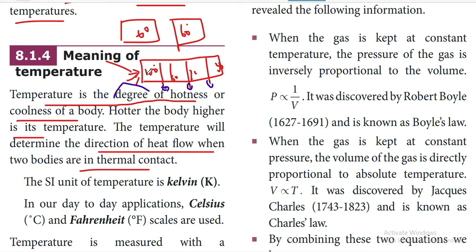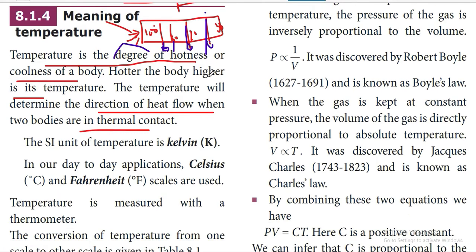What is the degree of hotness here? 100 degrees Celsius. Here? 80 degrees Celsius. Here? 70 degrees Celsius. Here? 50 degrees Celsius. So temperature talks about the hotness or condition at a particular instant or a particular point.